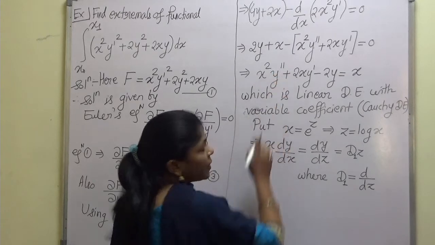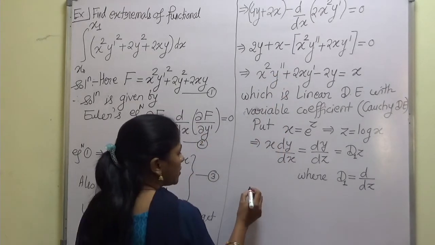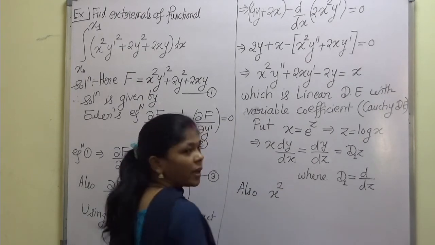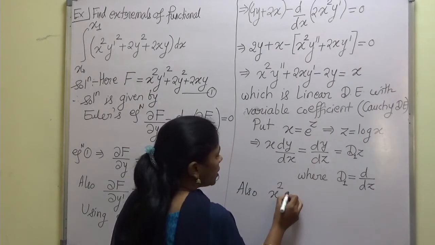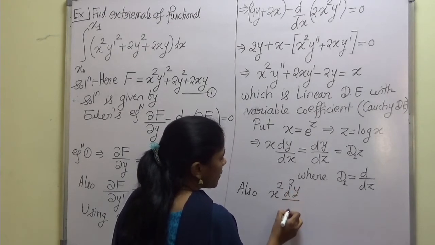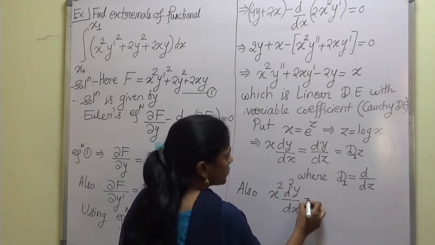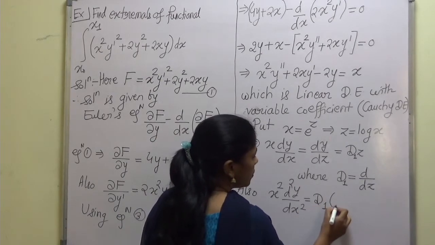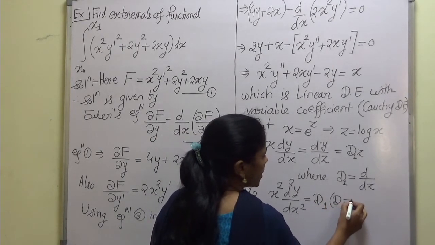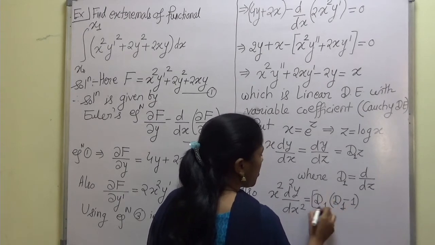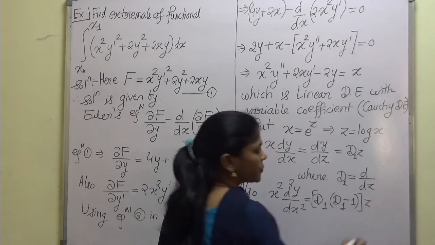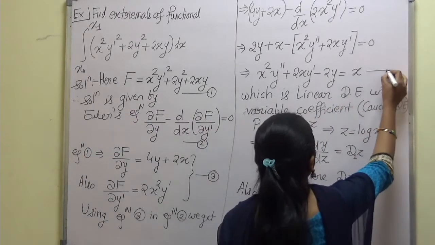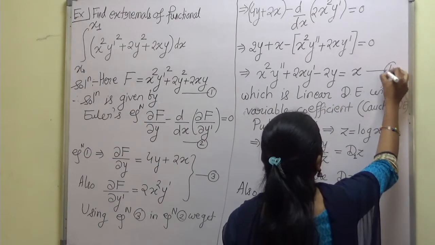Here we have x square y double dash. As we know, we can write directly x square into d2y by dx square is equal to D1 into D1 minus 1 operating on y. Let us call it equation number 4.